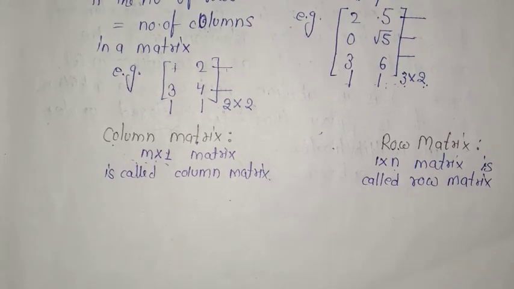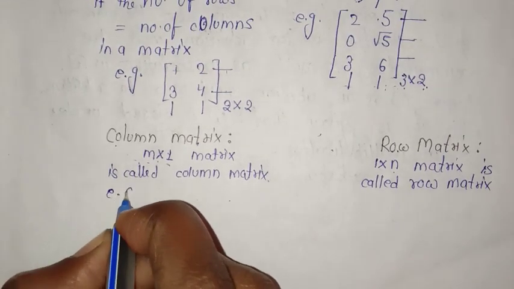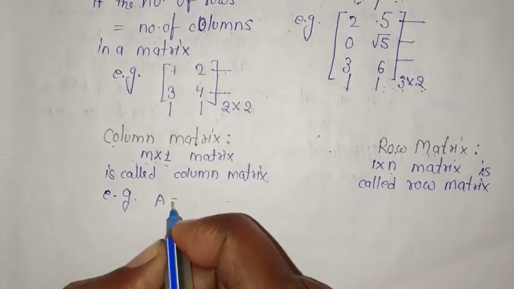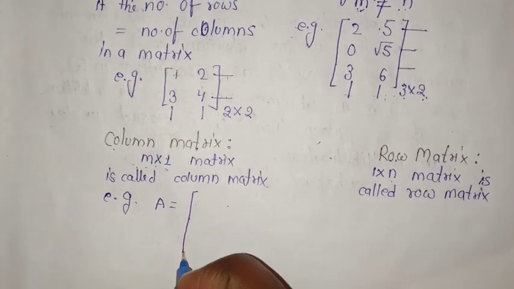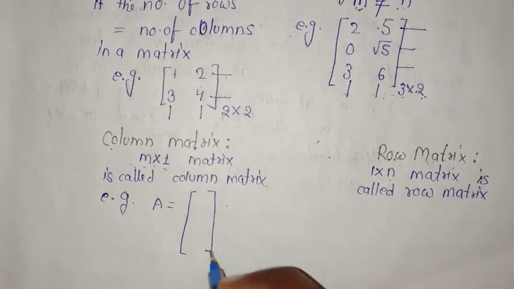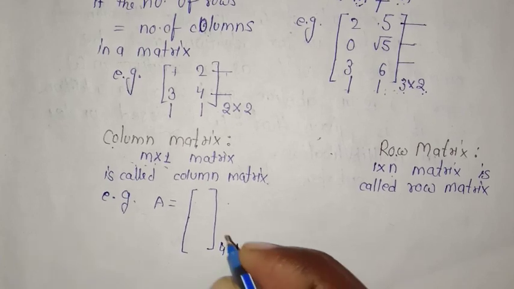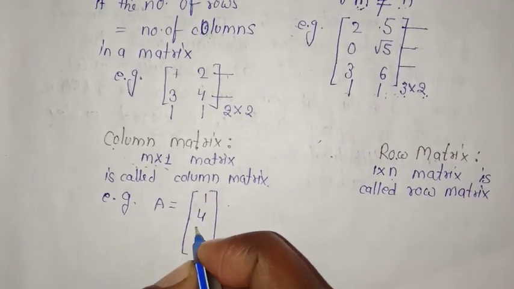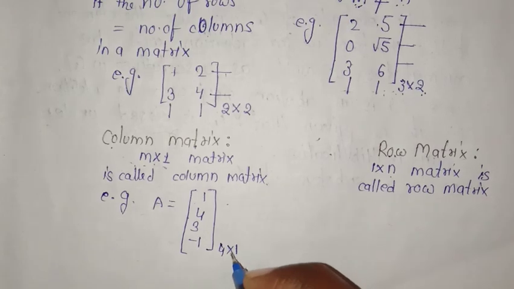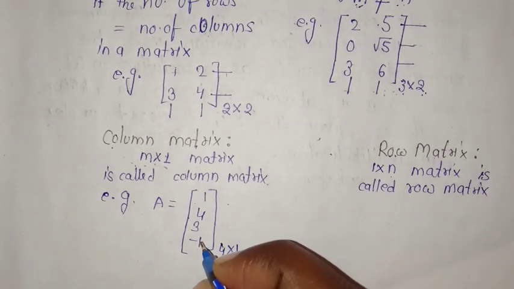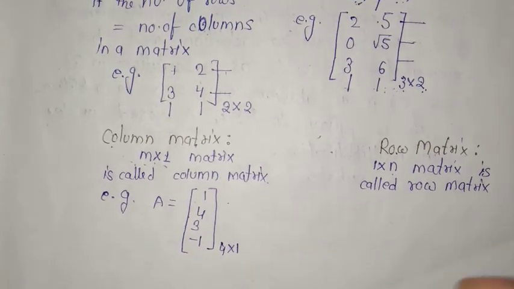In order to write an example of a column matrix, we can take any matrix in which only one column is present. So I am taking a 4 cross 1 matrix: 1, 4, 3, minus 1. There is only one column in this matrix, that's why we call it a column matrix.